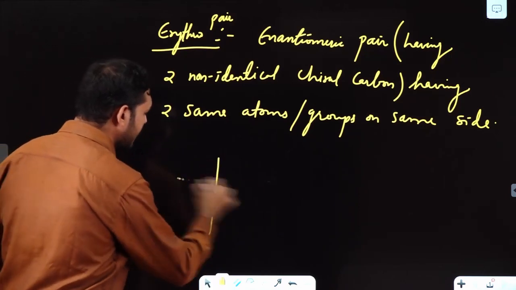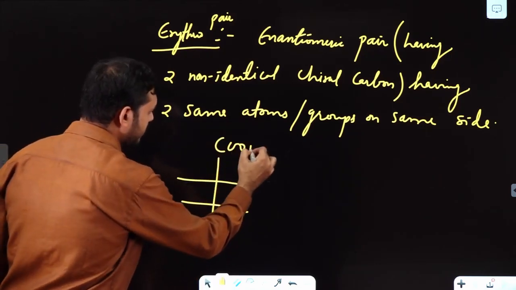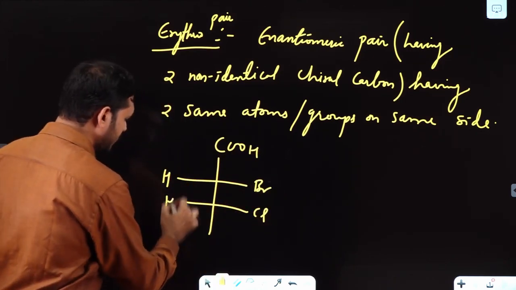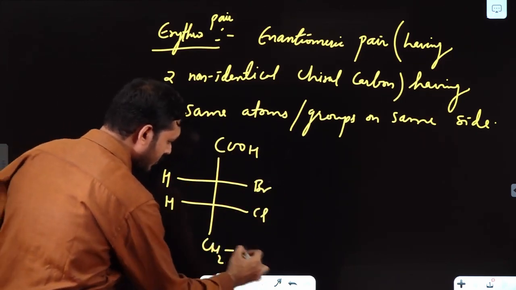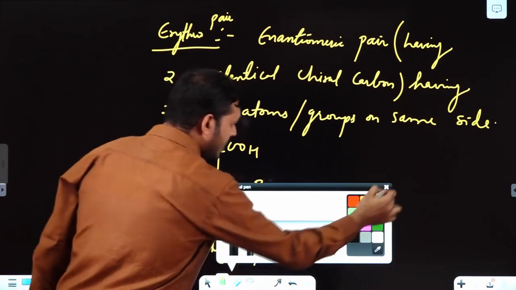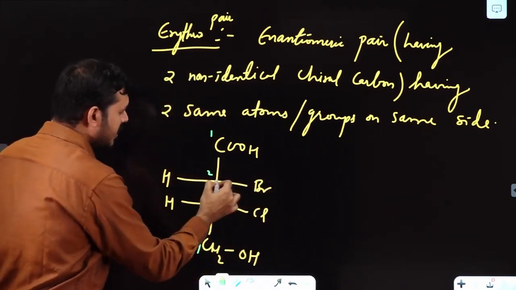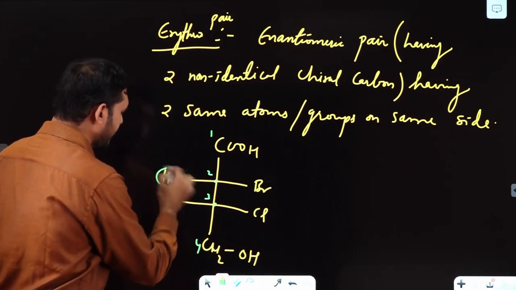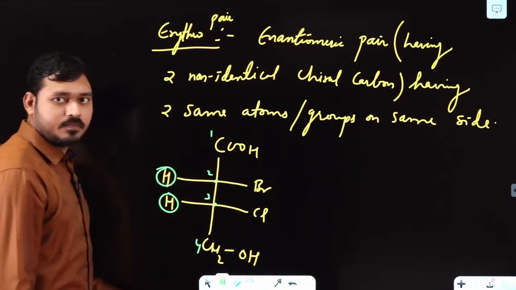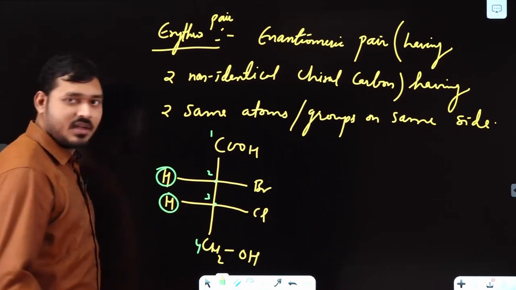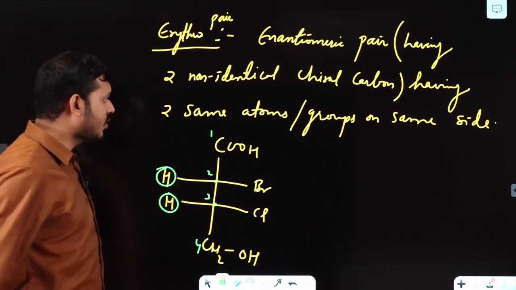For an example, I can say you can check here, it is having 1, 2, 3, 4, two chiral carbons, both are same groups on same side, it is actually erythro. Okay, clear to you all? Note it down.